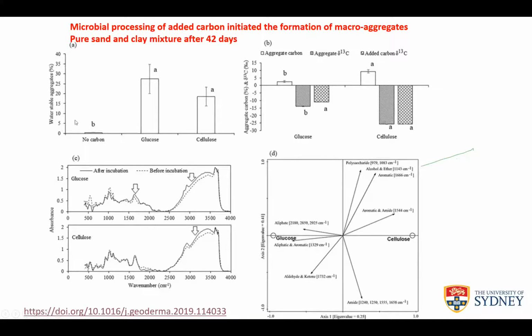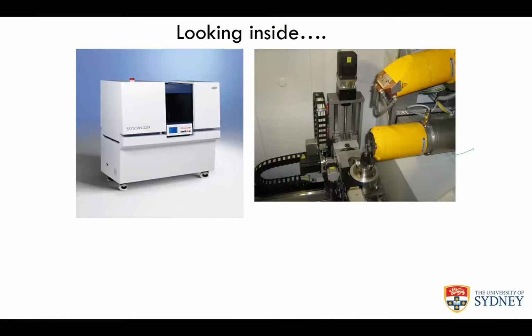So you can make this aggregate just by a simple experiment. If you start with pure clay, nothing in it, no organic matter in it, and then add a bit of organic matter, and there are some microbes in it, within a month you will see that it will start to form aggregates. So this makes the soil alive.